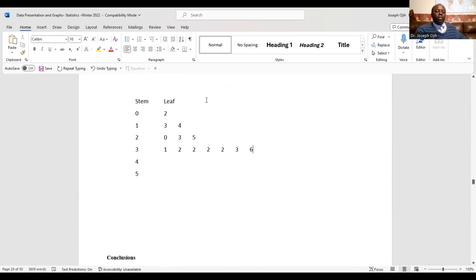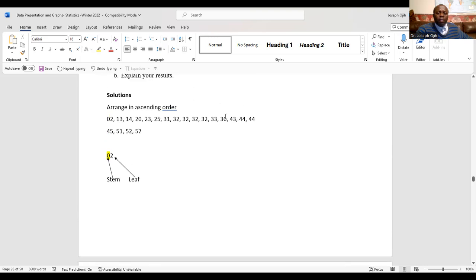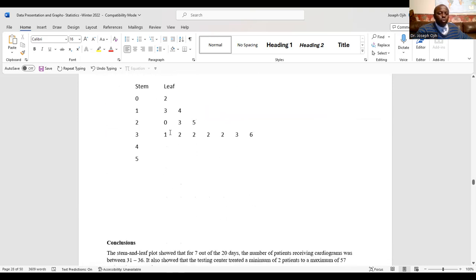Now the next ones are 43, 44. 44 appears twice. So we have 43, 44, 44.